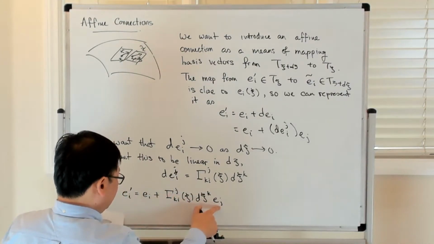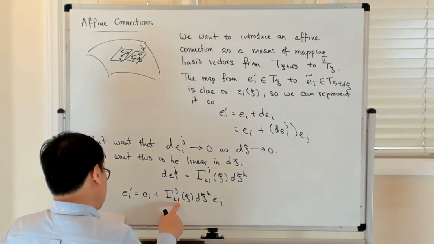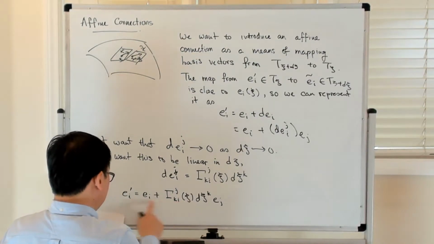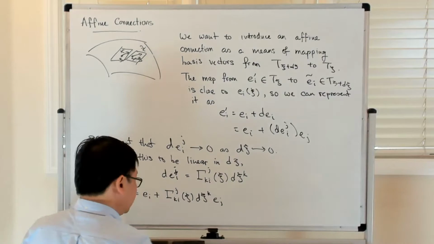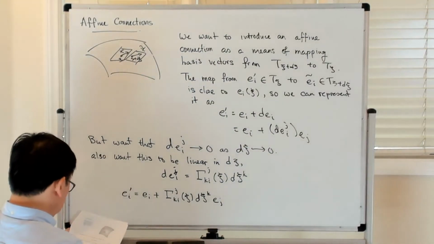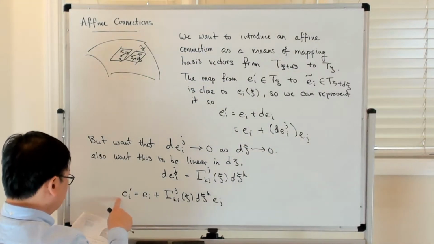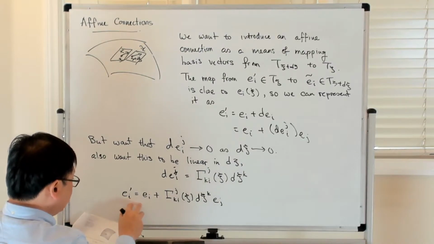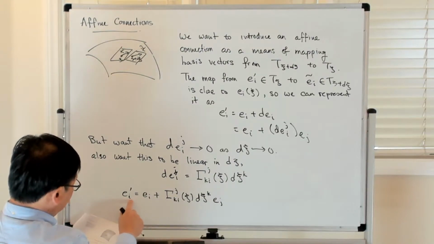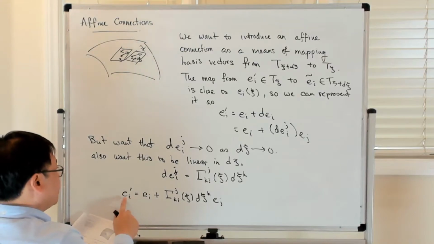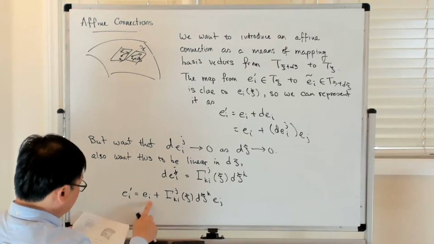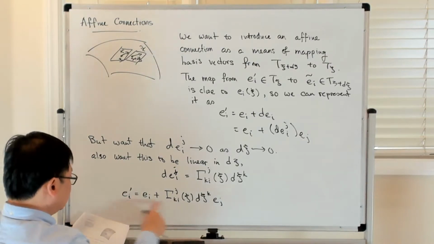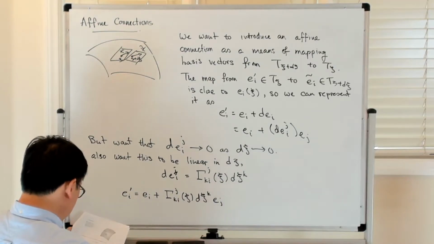You have a repeated index for j, a repeated index for k, so those two will contract out, and you're just left with dependence in the subscript i, which is consistent with the other terms. So to leading order, the new coordinates relative to the old one are given by this relationship.